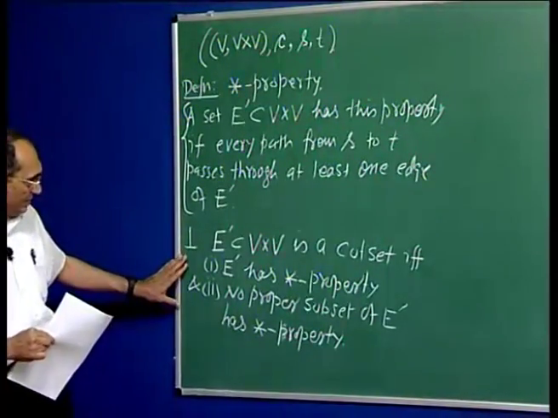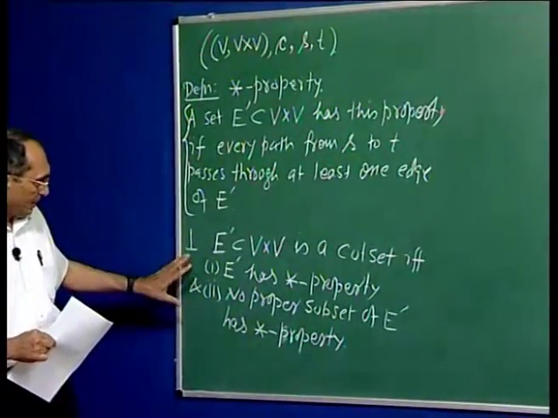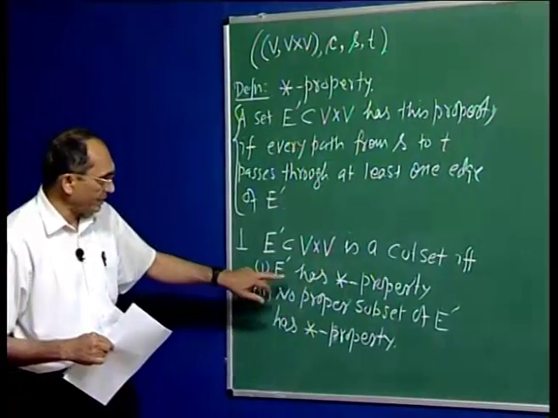Last time what we mentioned, the same thing was mentioned as E prime is the minimal set having star property.